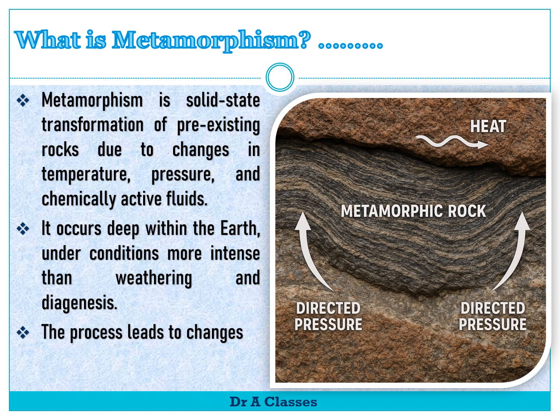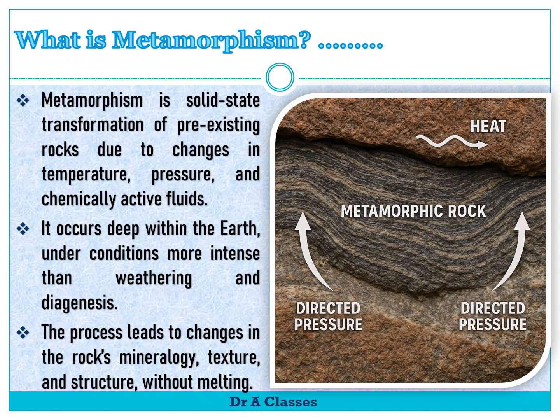This process results in the formation of new rocks with different physical and mechanical properties, which are critical for understanding geological behavior and engineering suitability. The image shows a metamorphic rock displaying distinct foliation formed under the influence of heat from above and directed pressure from both sides, illustrating the solid state transformation of pre-existing rock.